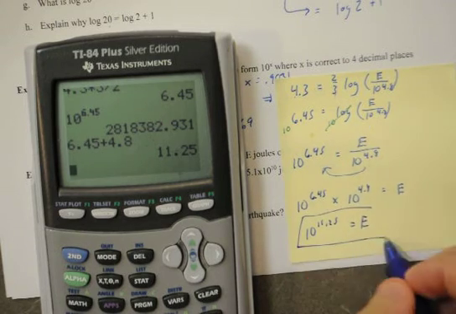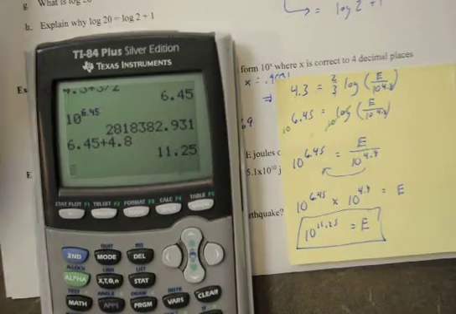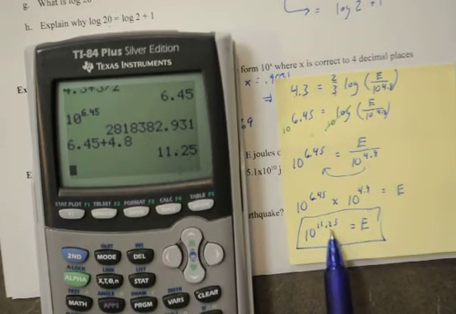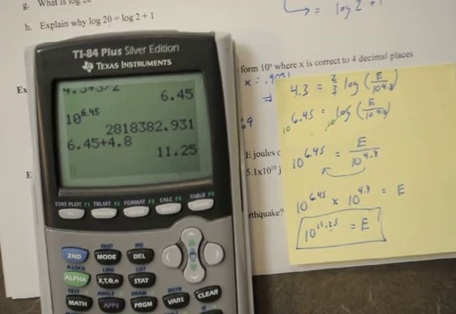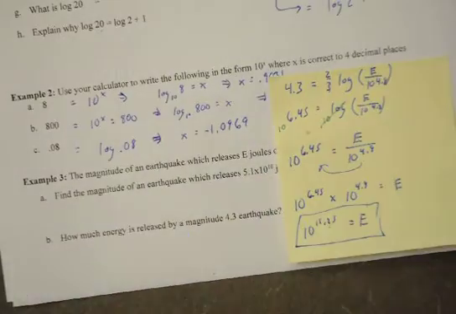So 10 to the 11.25 joules of energy is what a 4.3 magnitude earthquake releases. We actually did some algebra there. That was fun. It's nice to do algebra every now and then.